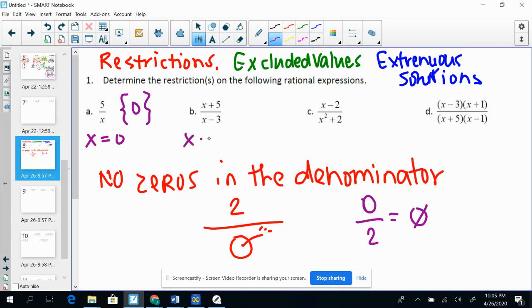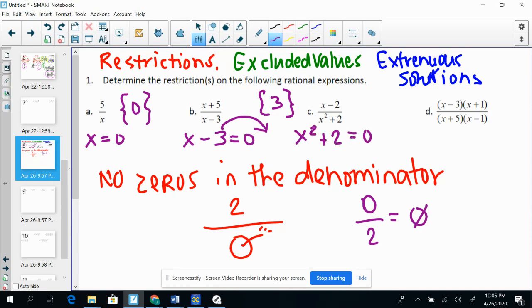So I have x minus 3, set that equal to 0, solve for x, which is going to move that 3 over. So that's going to give me an extraneous solution or a restriction or excluded value of a positive 3. All right, looking at C. We don't touch the numerator if we're discussing restrictions or excluded values. Now, the denominator. I have x squared plus 2 in the denominator.